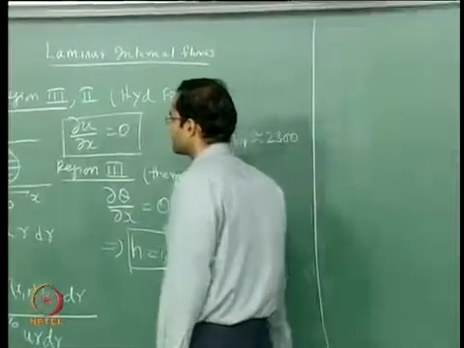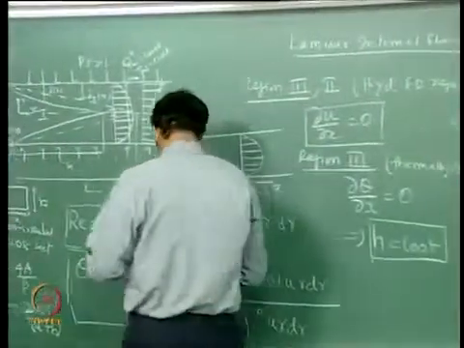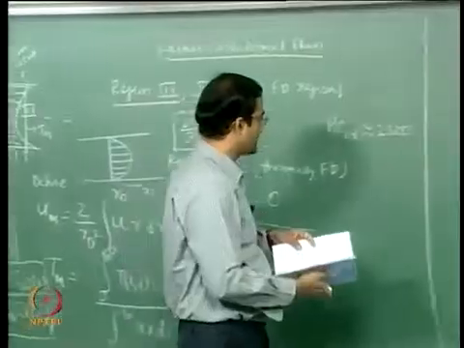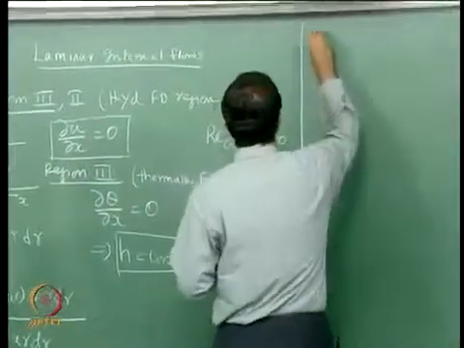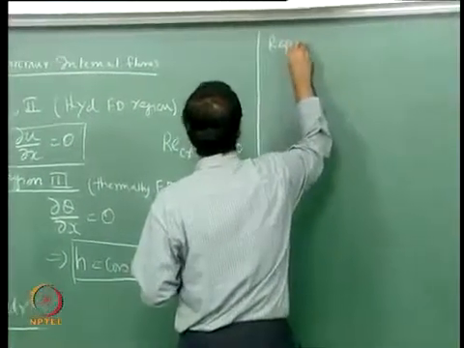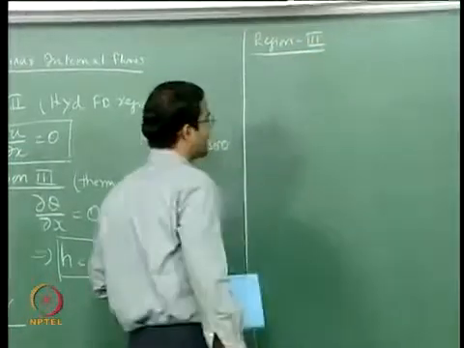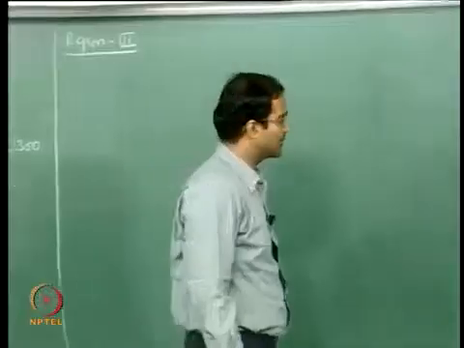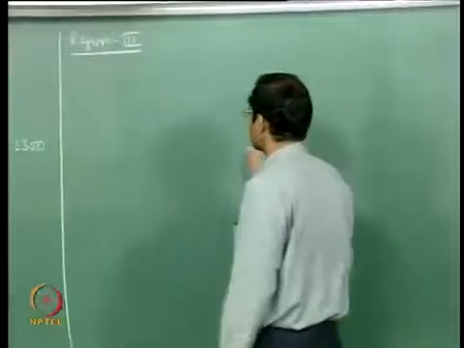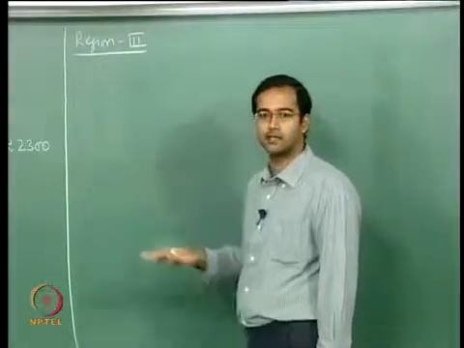So today what we will do is we will take up first region 3, and in region 3 we will get the solution to the velocity and the temperature profiles. Just before that, I want to write down the conservation equations for momentum and energy in region 3.